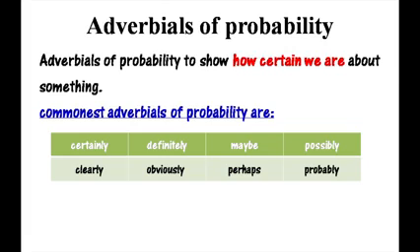Certainly, definitely, maybe, possibly, clearly, obviously, perhaps, probably. These are adverbials of probability which show you how certain we are about the action.